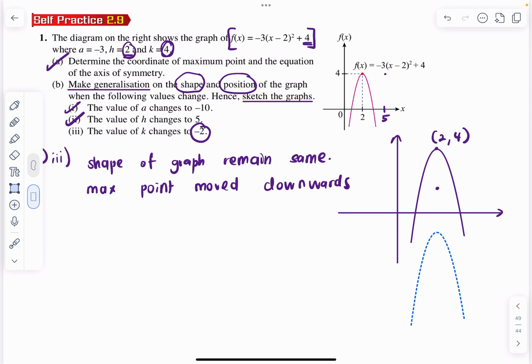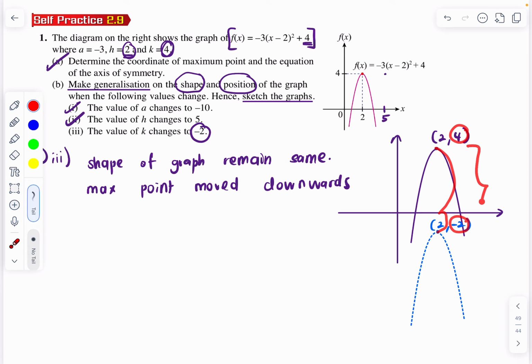Okay, so it has become 2, -2. So from 4 to become 2, -2, that means it has moved down. From here to 0 is 4 units, and here to here is another 2 units.